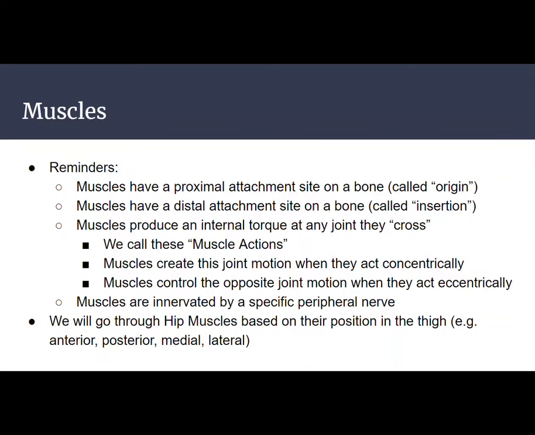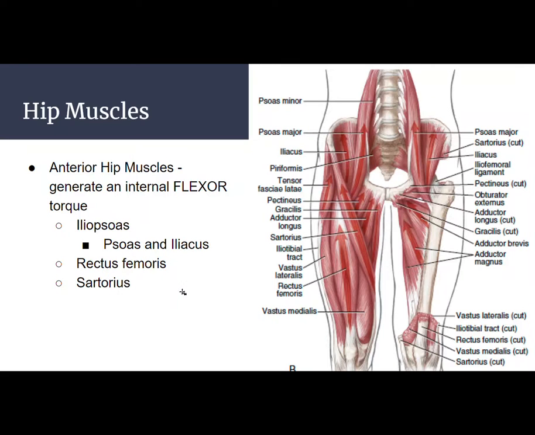All right, so let's go through the anterior muscles. They generate an internal flexor torque, and they're the iliopsoas, which now most people separate into the psoas and the iliacus. We have the rectus femoris and the sartorius.